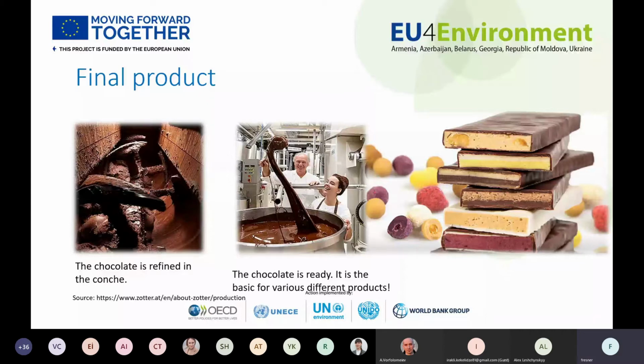So it's spread out on tables. The fillings are added manually, and then the cover is applied. That's it basically. After this comes packaging, and then the labels are applied, and then the chocolate is ready for selling.